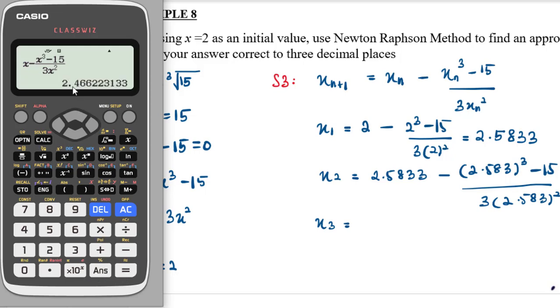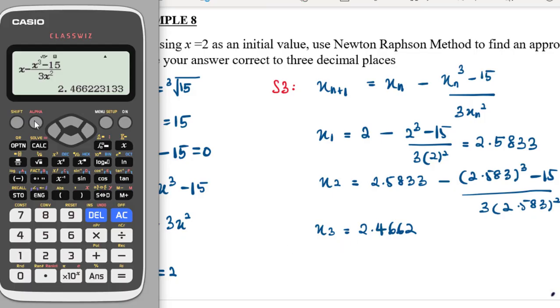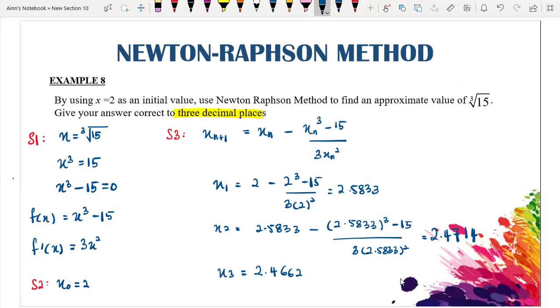So the answer is 2.4662. And next one, continue the iteration. We have calculate, press answer equals. So now this is 2.4662, which is we end up with our stopping criteria. So the answer for x3 and x4 is exactly the same.